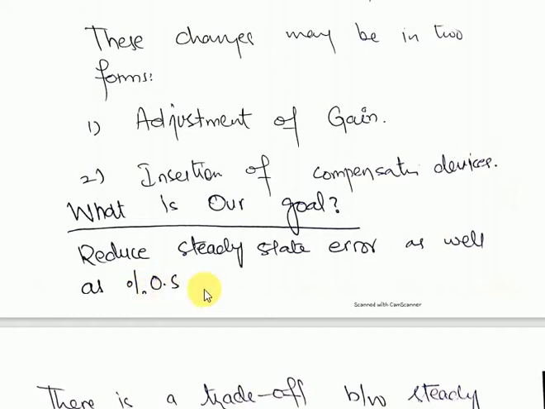Whenever you reduce the percentage overshoot, the steady state error will increase, which is also a disadvantage for our system. So there is a trade-off between steady state error and percentage overshoot, and we need to compensate both of these specifications.